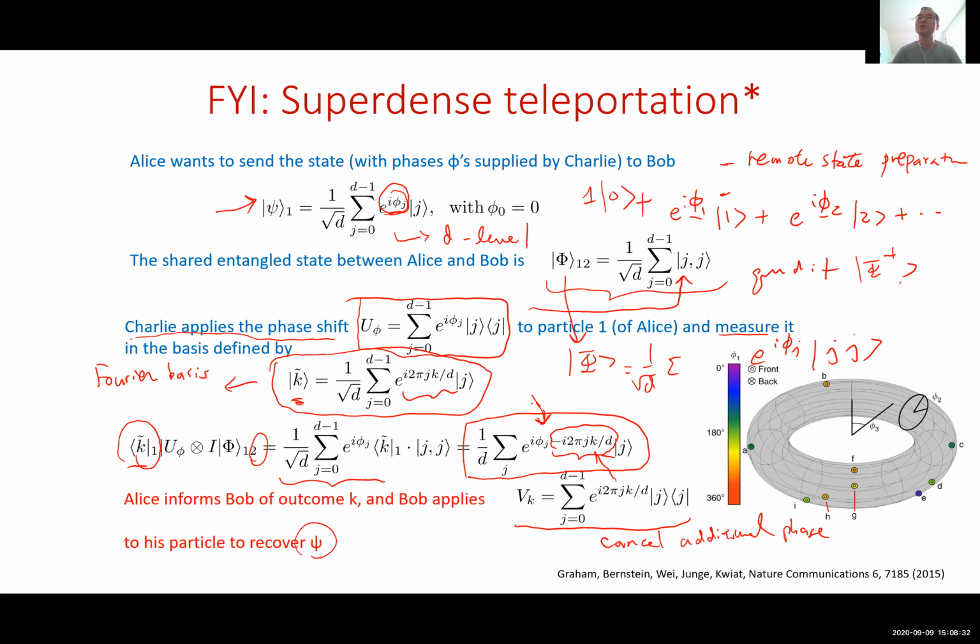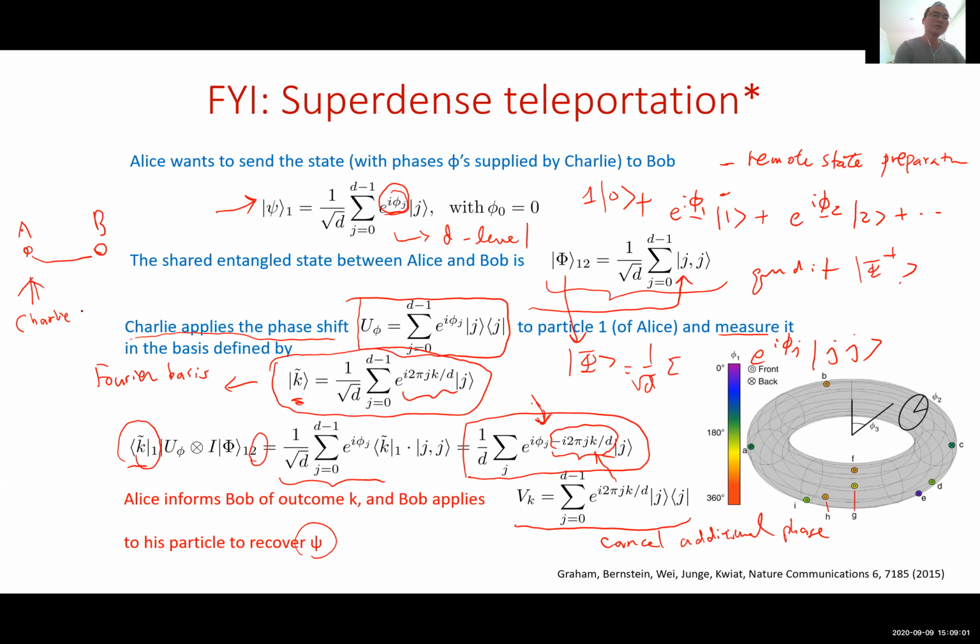But question? You mean Charlie? Should the Charlie be Alice? Yeah, so Charlie, in this case, the way we introduce Charlie is because Charlie wants to encode this information and doesn't want Alice to know what the phase is encoded.